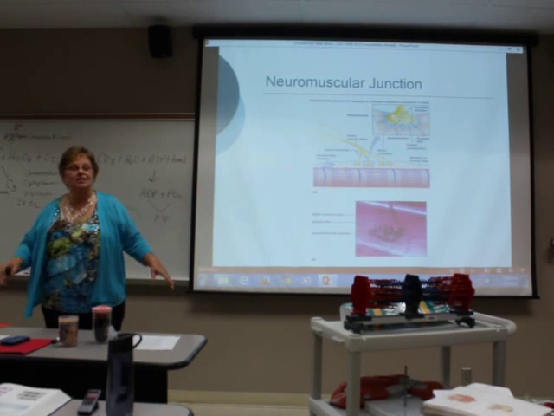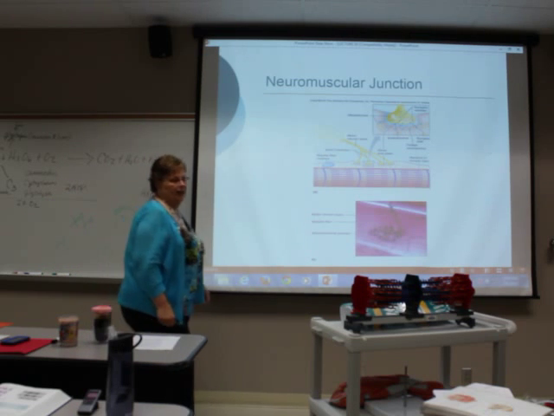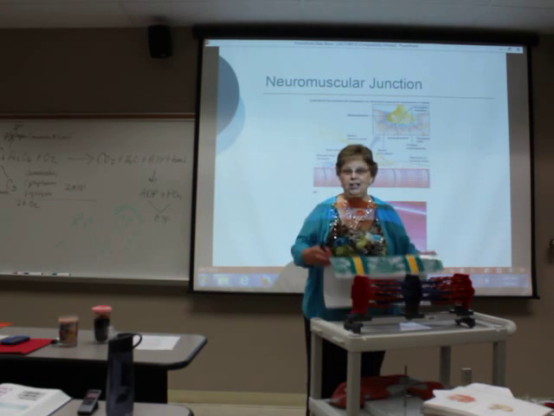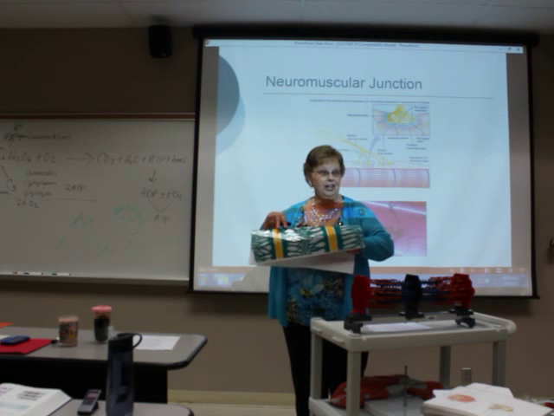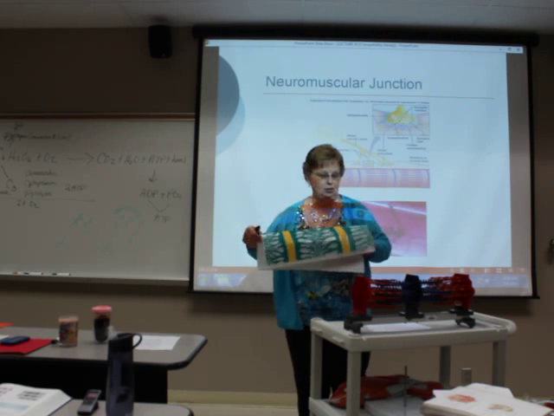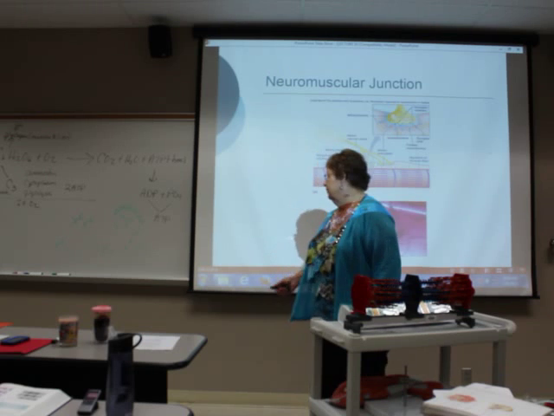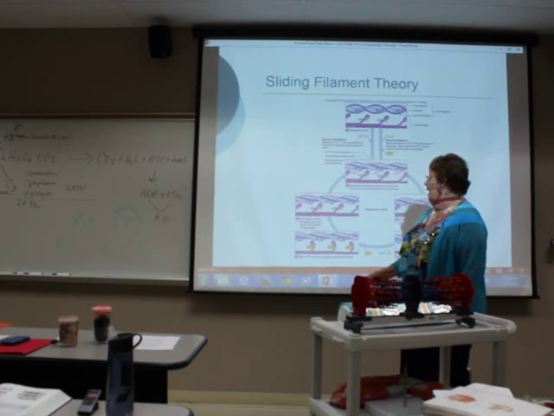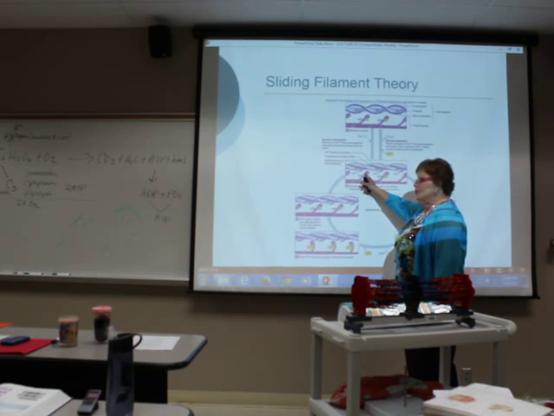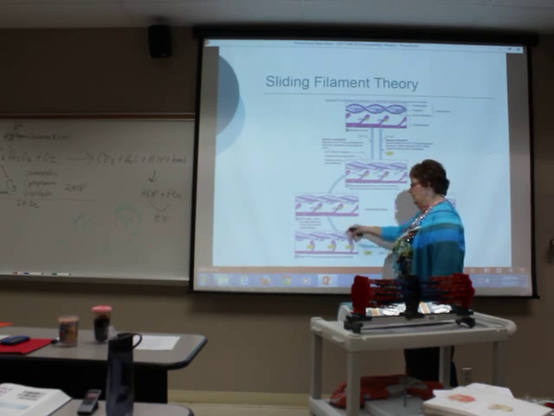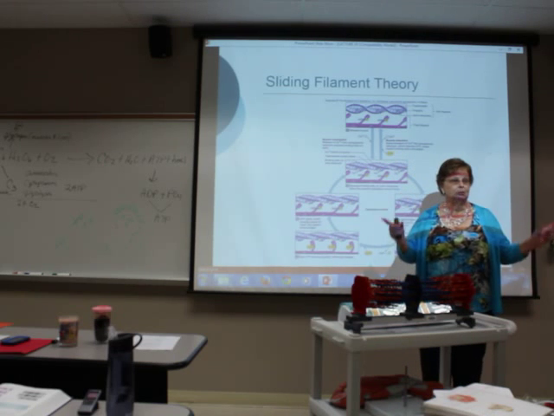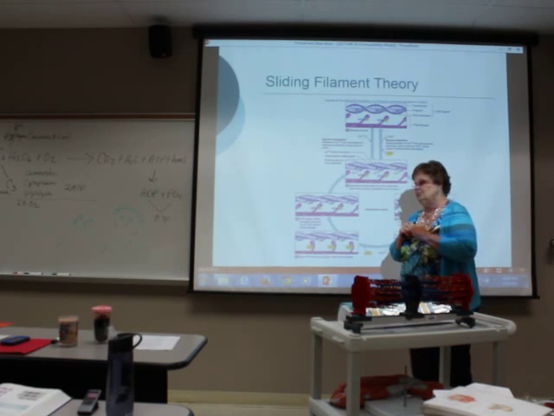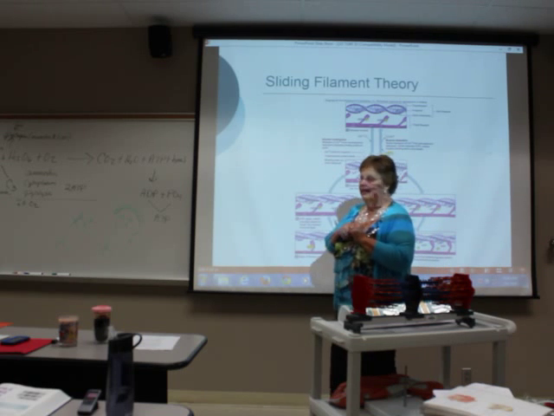Start a new impulse, and that will trigger the release of calcium that is stored in these cisternae to go down the T tubule to hook to who? Troponin C. What does that do? Pull the tropomyosin off of the active sites. Okay? The myosin cross bridge will get into that, and what's going to happen? Sarcomere will shorten. Got it?